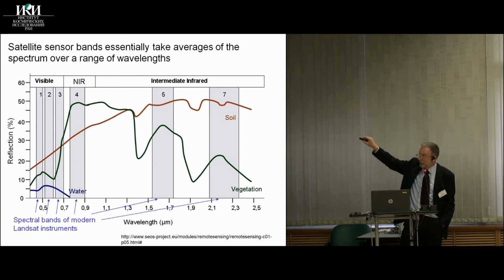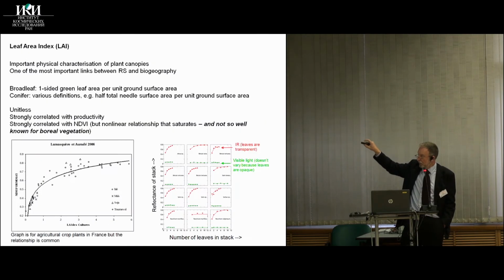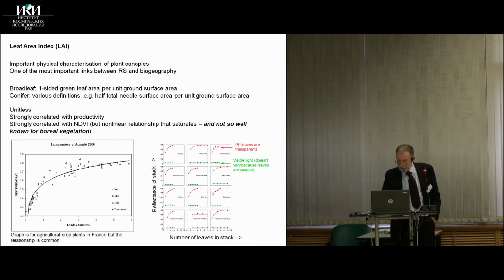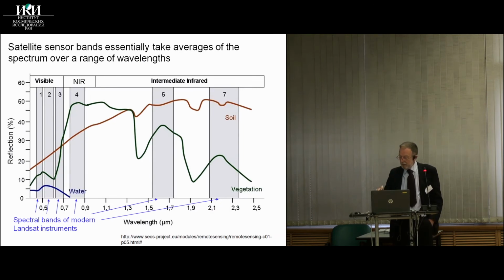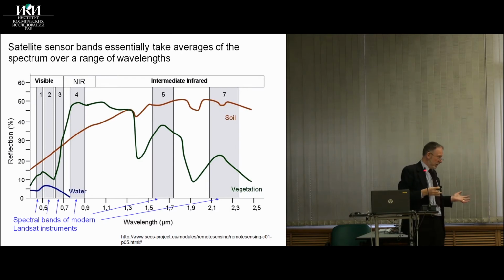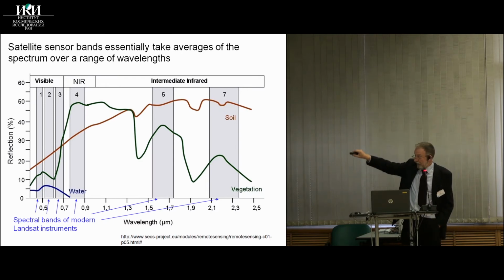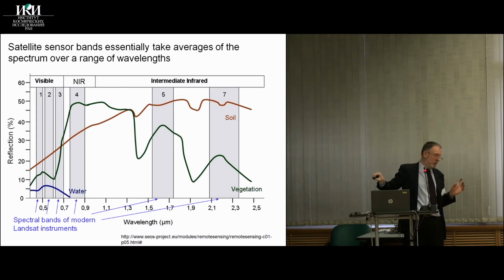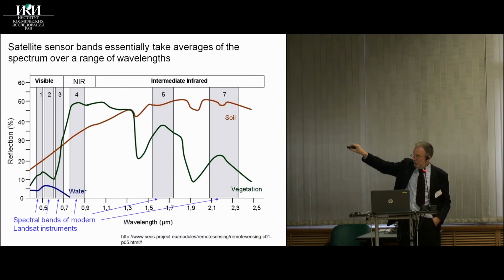Here, this green curve is the one that we particularly want to look at. This is a typical green leaf, or vegetation composed of typical green leaves. So we see it has a kind of low reflectance in the visible part of the spectrum, but not quite as low in the green part as in the blue part and the red part.